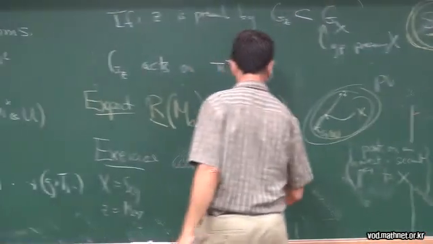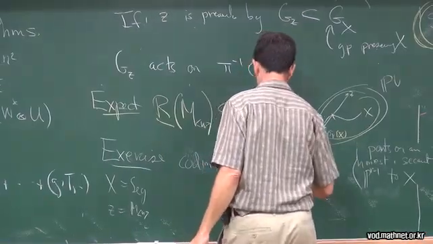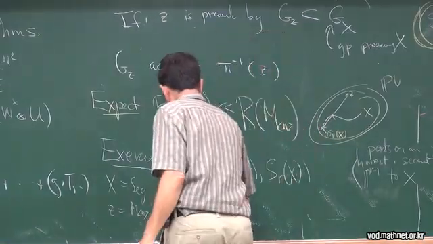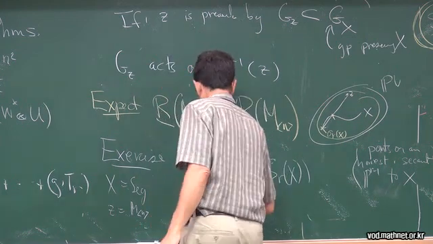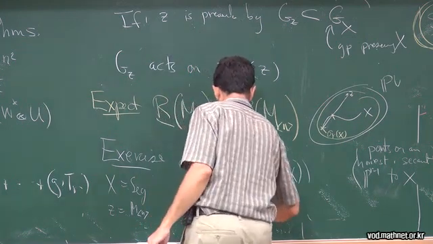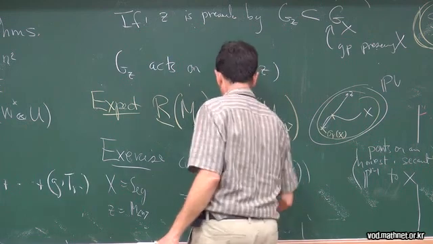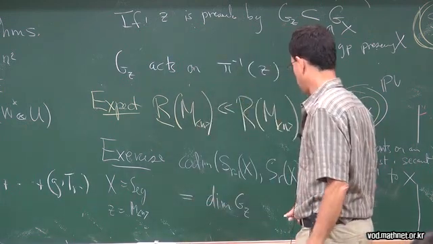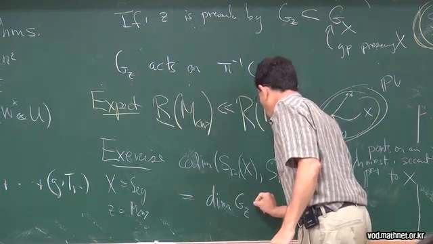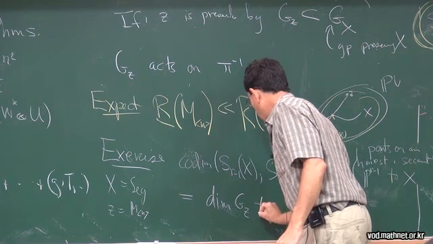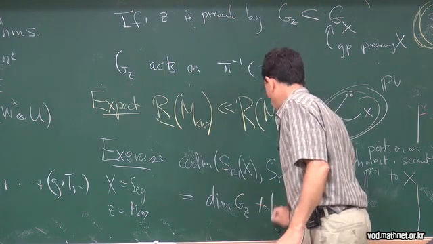The codimension of this, in this case, is almost equal to the dimension of G_Z, but not quite. Plus 1 or minus 1? Plus 1.